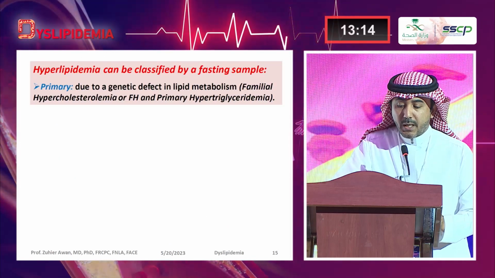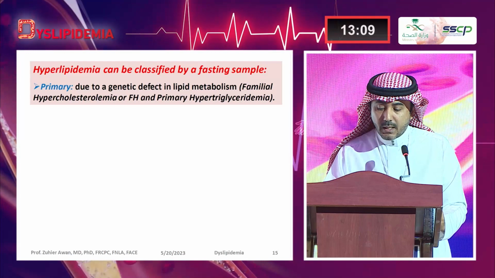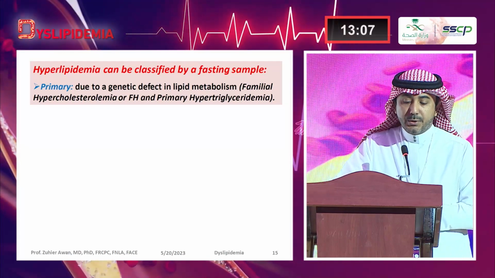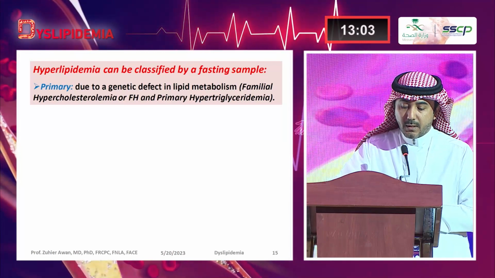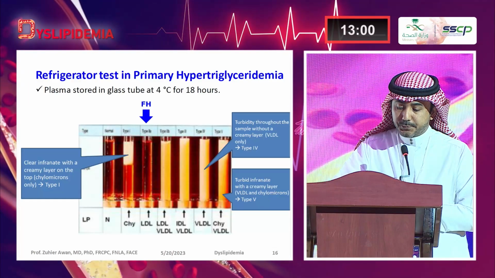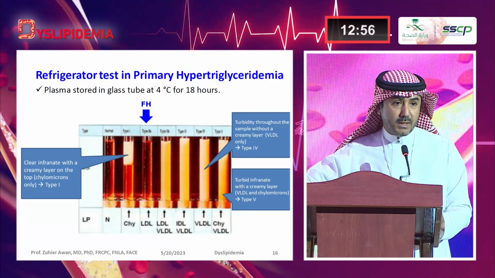Hyperlipidemia, again, is either primary or secondary. Primary hyperlipidemia is mainly due to a genetic cause, for example, familial hypercholesterolemia or familial hypertriglyceridemia. And actually, the diagnosis of hyperlipidemia starts from the blood sample.